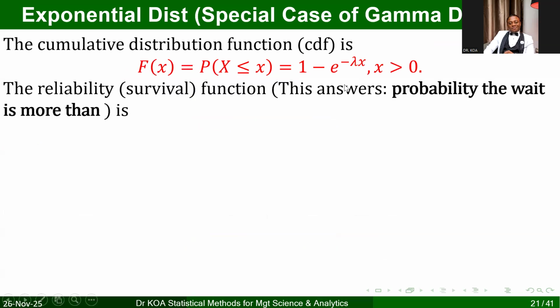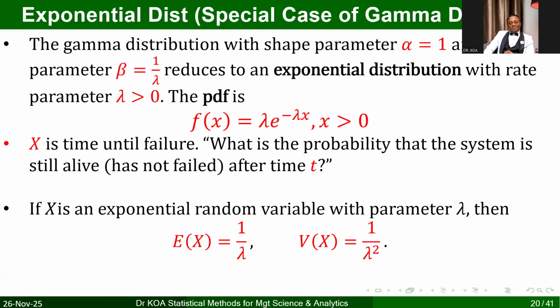So take an example. There's also something you should learn to calculate, because we are talking about the probability that the random variable is still alive, that the system has not failed after a certain time.